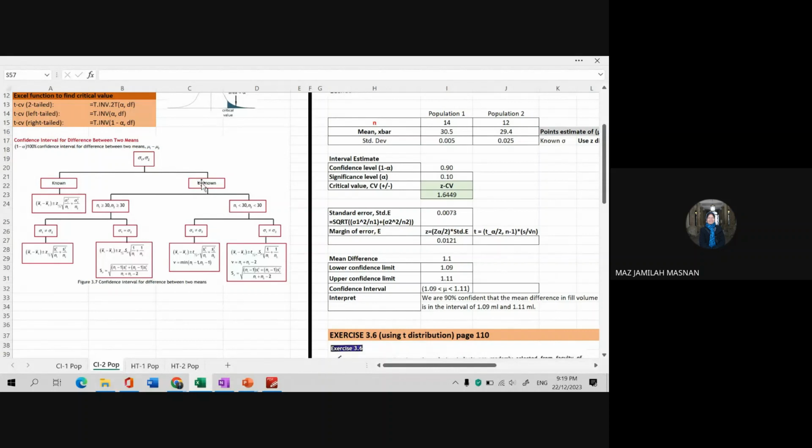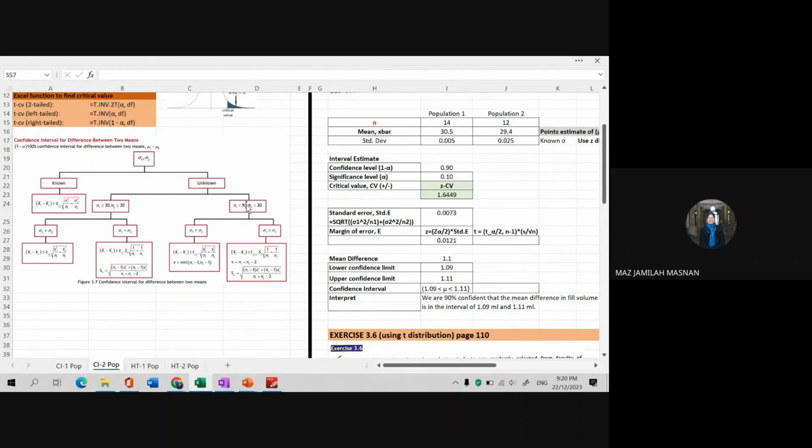But if sigma 1 and sigma 2, the standard deviation of your population, are unknown, your reference would always be based on the sample standard deviation. That's why everything is based on S here. Okay, S, everything S. But here, everything is sigma. So that's why there will be a difference between sigma known and sigma unknown.